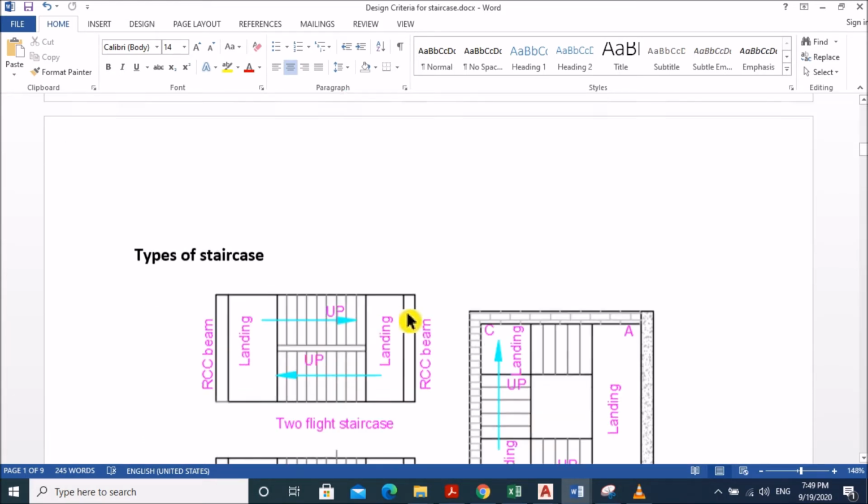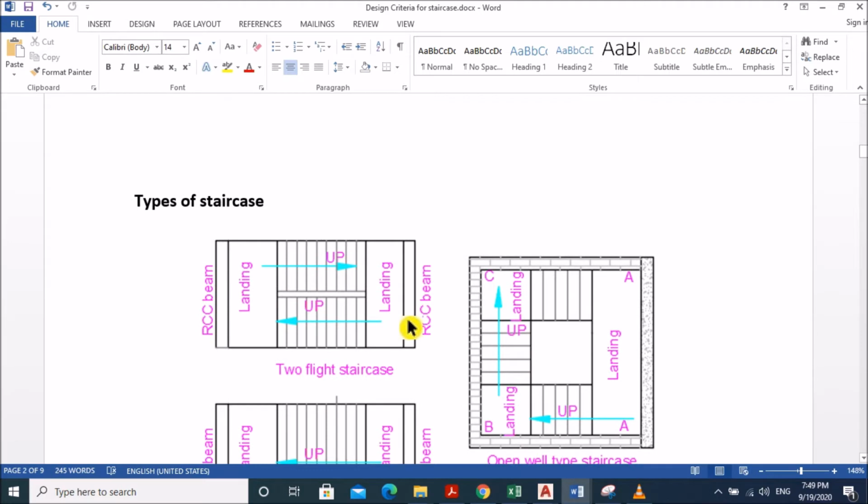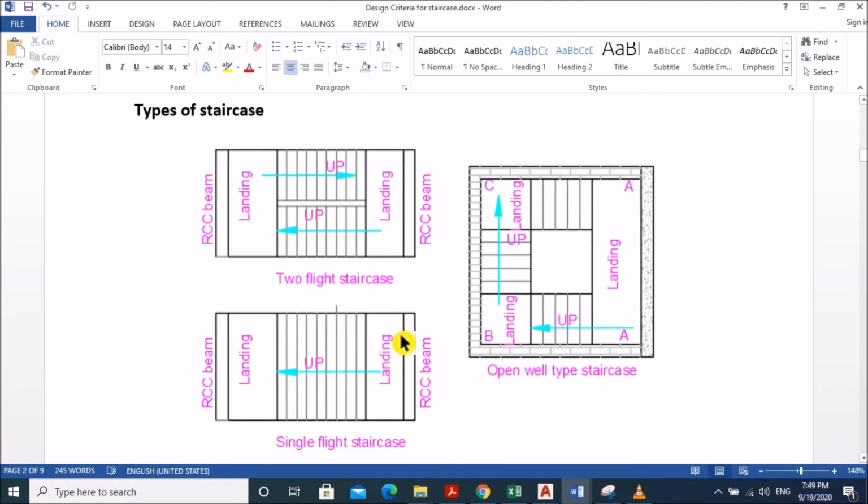Now, what are the types of staircase? There are so many types of staircase, but I have only included a few of them which are commonly used in residential or commercial structures.